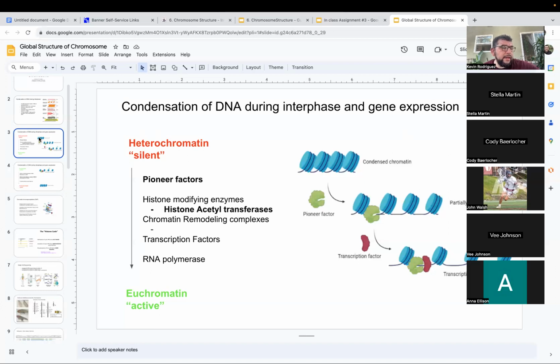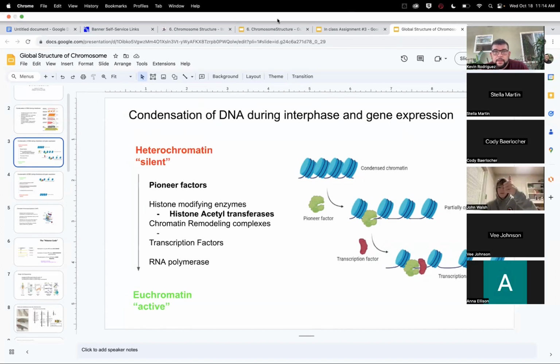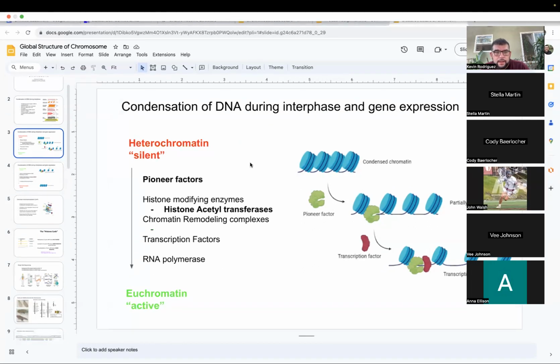How are you guys feeling about the enhancer stuff? Like the sequences, that kind of makes sense? Give me some thumbs up, thumbs down. Nice. I think in the chat, try it. There's a thumbs up thing. That way you guys don't have to.